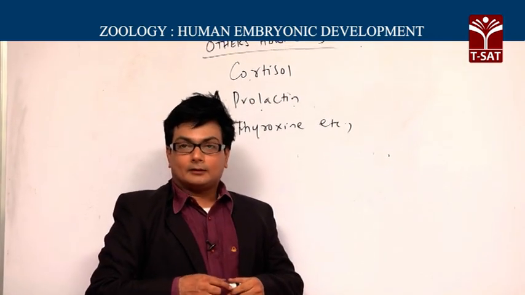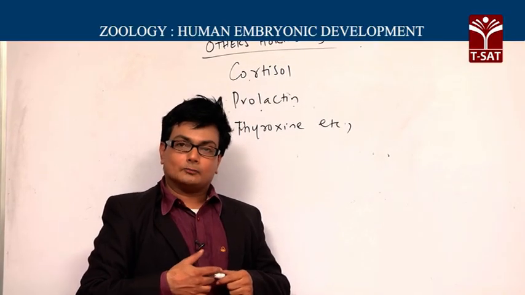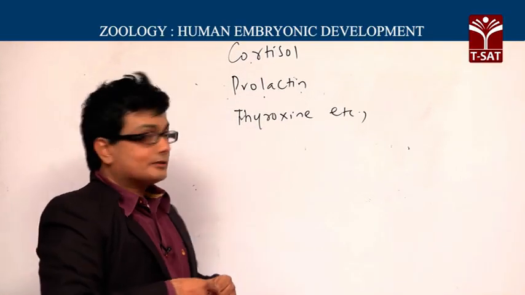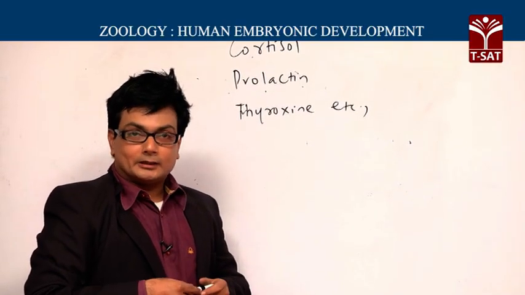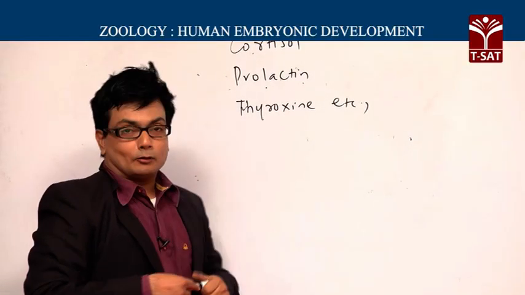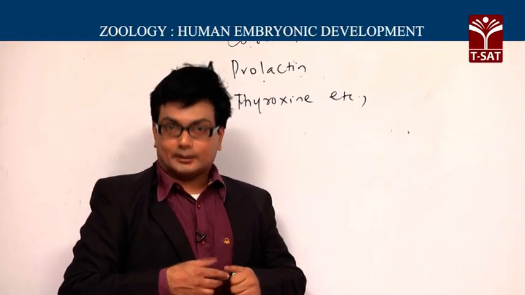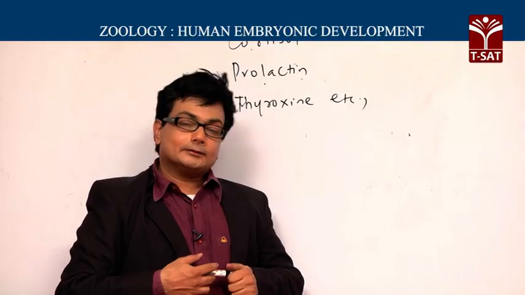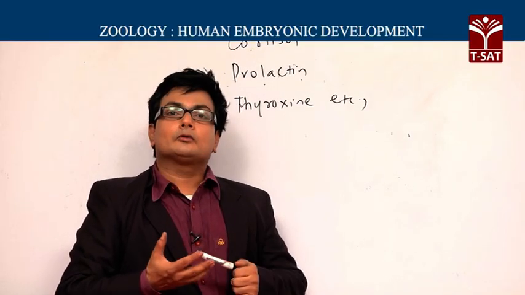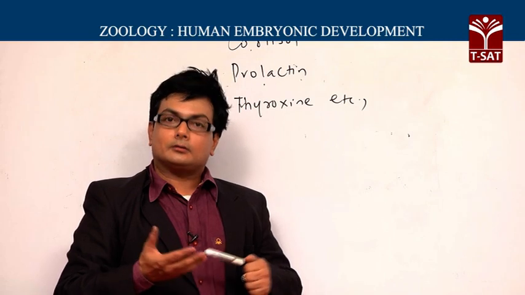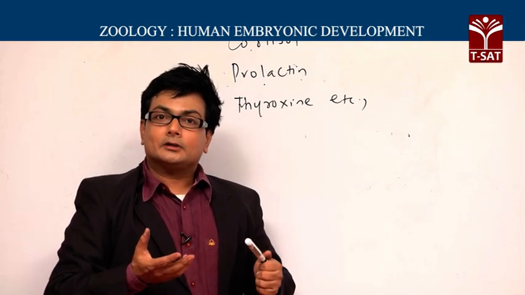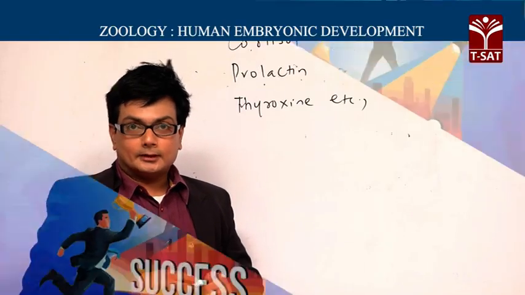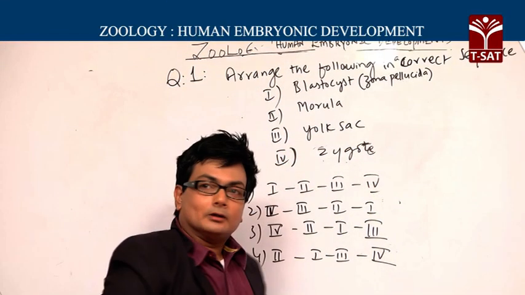Cortisol, a very essential steroidal hormone released from the adrenal cortex of the mother, and prolactin from the pituitary gland, and thyroxine. We are all familiar with thyroxine, the iodinated hormone, which can improve the basal metabolic rate. That means a human female during the gestation period, when she is a pregnant woman, will have release of very diversified hormones in her body. I am just giving you a model here.